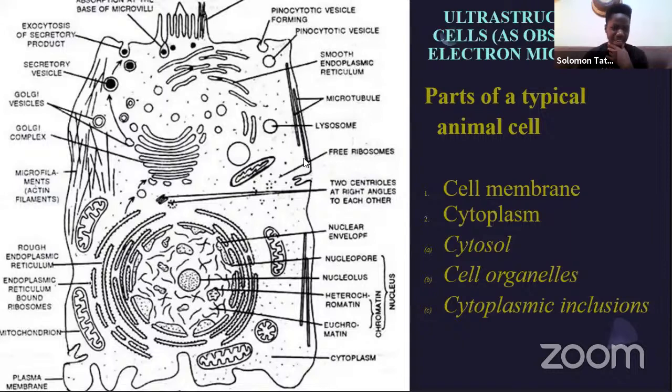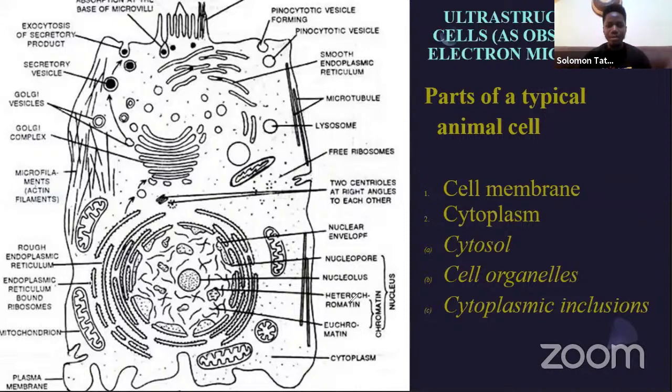And here is a picture of how that looks. We have so many parts here that we shall see as we move forward. The most outstanding organelles here are the nucleus, of course, which also contains the nucleolus inside, and other parts like the nucleopore, which is an opening into the nucleus.